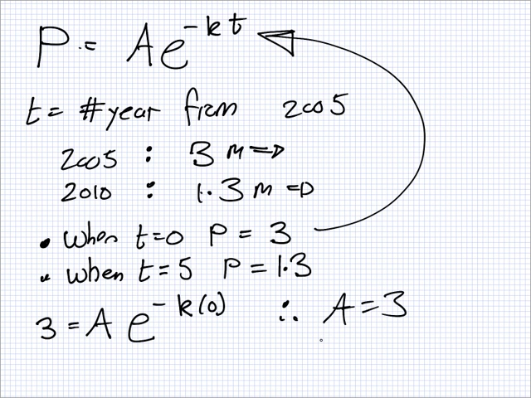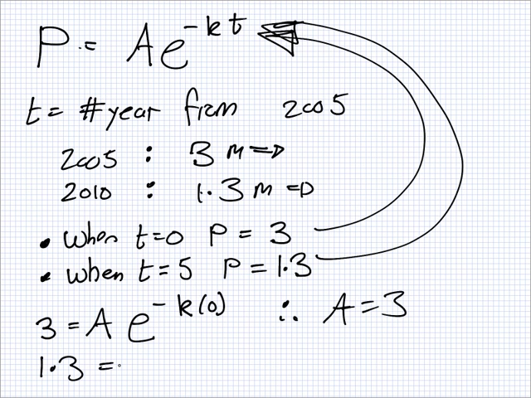Now, what do you think we do to get the K? Well, we sub in the other one now. So what's P? 1.3. Equals, what's A? 3. And what's T? 5. Now we have to figure out the K here. That's a little bit trickier.